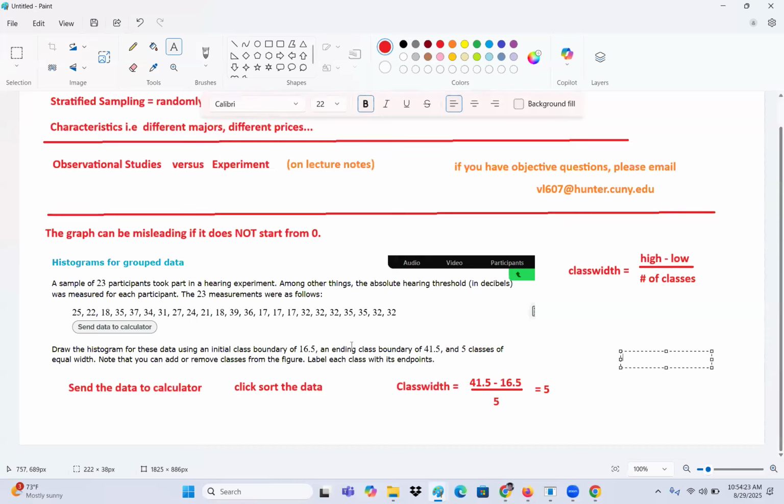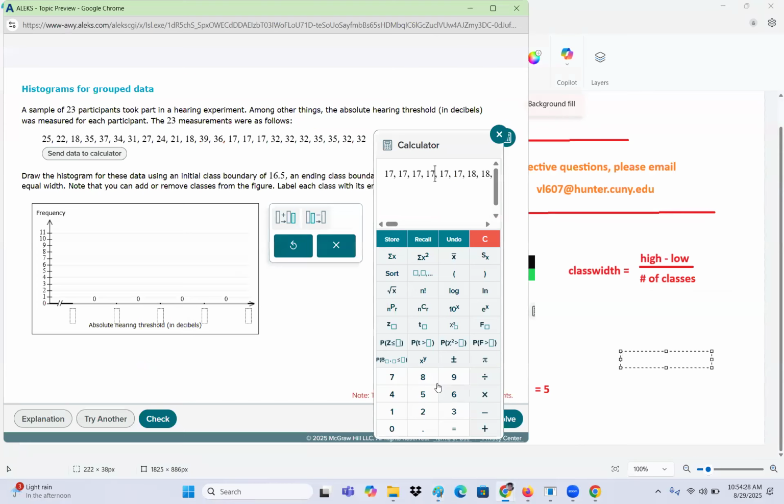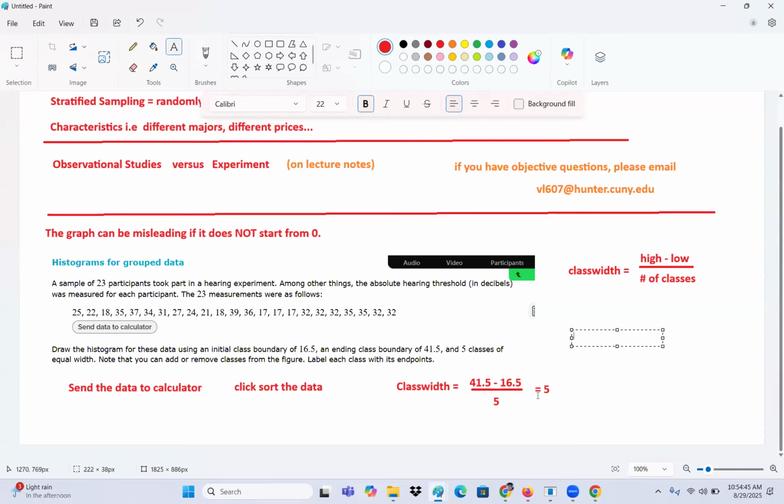Okay, and then we simply just do it on the calculator. We can just move up here. You can see how many of the data set. So we have to start from 16.5. You start from 16.5, and then you plus 5, and then you're going to end up with 21.5.